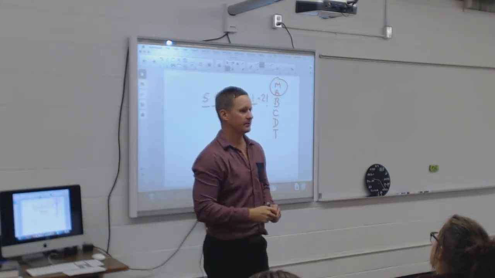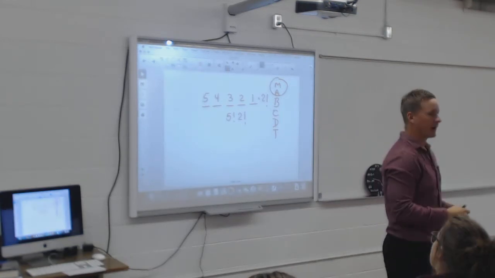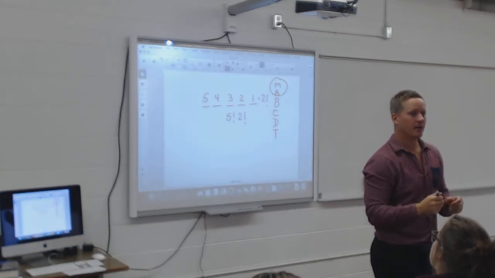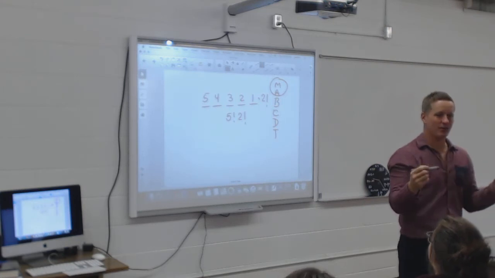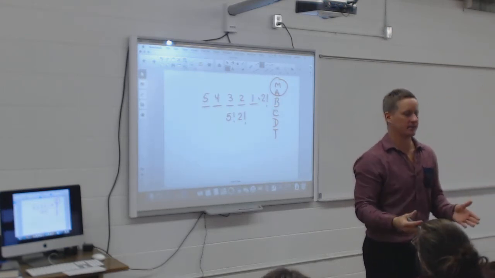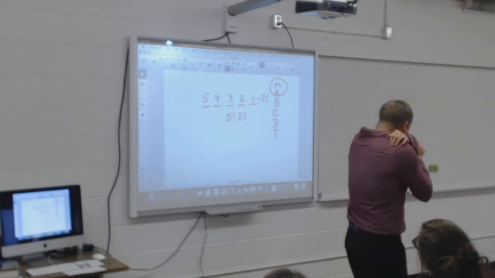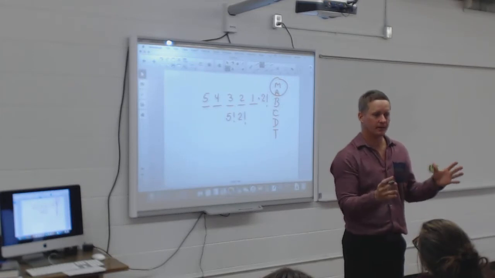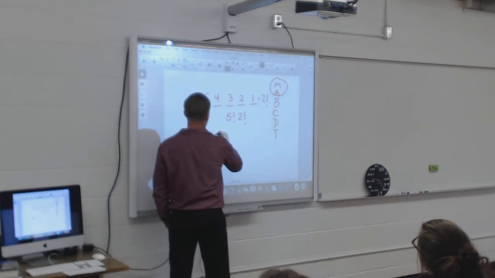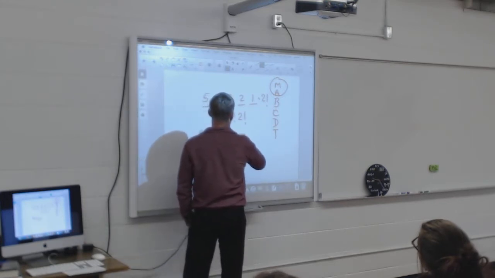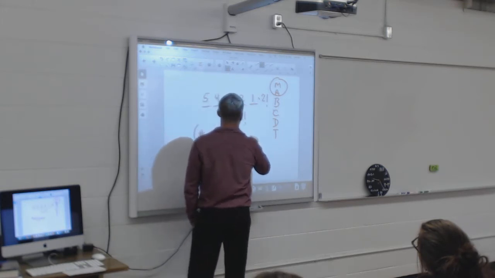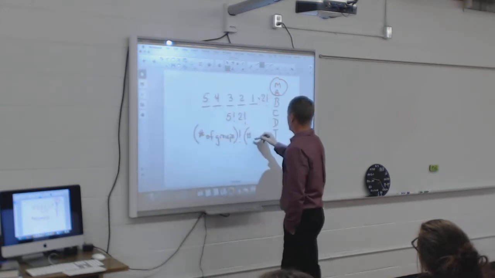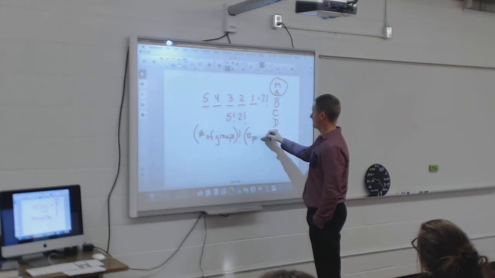Isn't 2 factorial just 2? It is. But I write it as a factorial. I'll tell you why in a second. When I do grouping like this, that's what we're going to do in 4-4: grouping. I take the number of groups and I multiply the number per group.